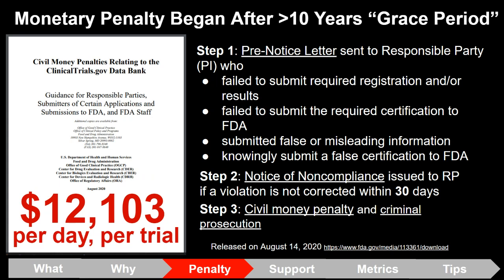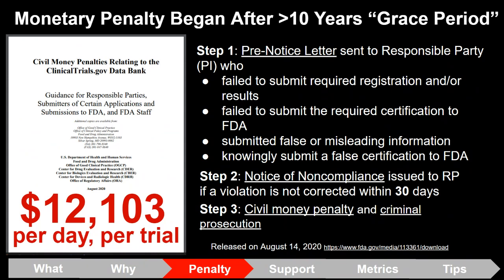Many of you are already aware that there are financial penalties for non-compliance. The U.S. government could impose $12,103 per day per trial for any non-compliance. This fine schedule was initially introduced by the FDA Amendment Act in 2007, but it is beginning to be enforced after a 10-plus-year grace period, like this year.